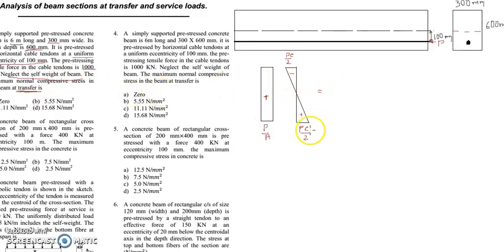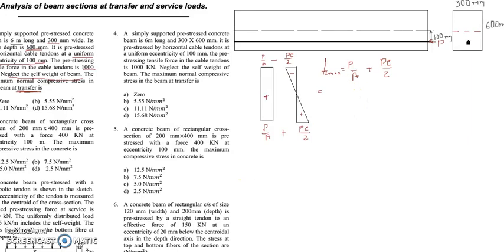Where the maximum normal compressive stress will happen: it happens at the bottom, because this is positive and this is positive, they will add up. Here this is positive, this is negative. So the answer has to be, for our f_c maximum, equal to P by A plus P e by Z.